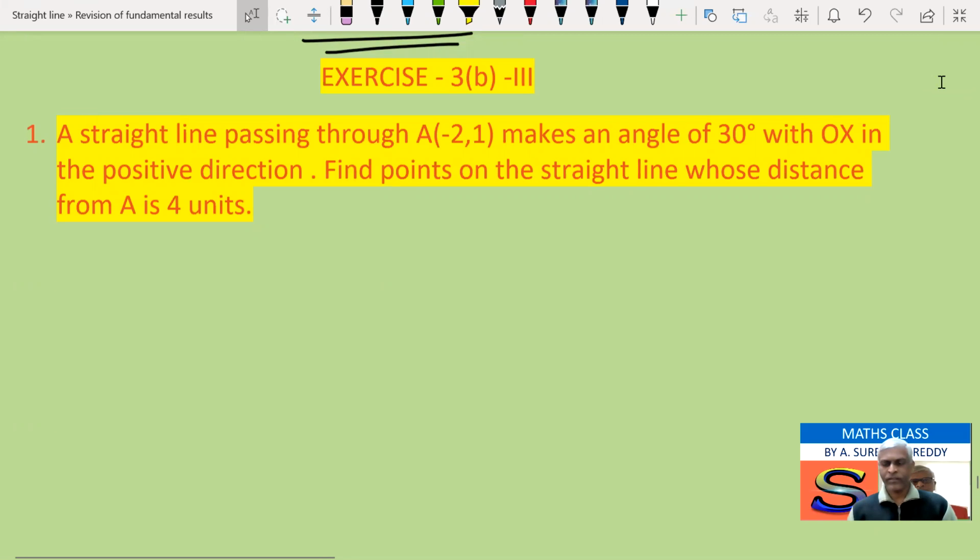Three B, Roman 3. The first problem. A straight line passing through a point A minus 2, 1 makes an angle of 30 degrees with OX in the positive direction.